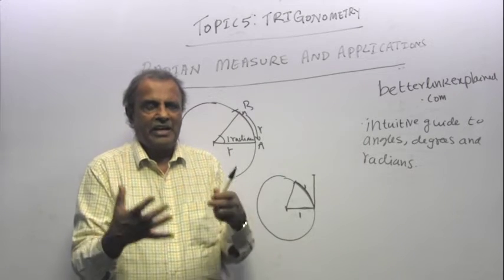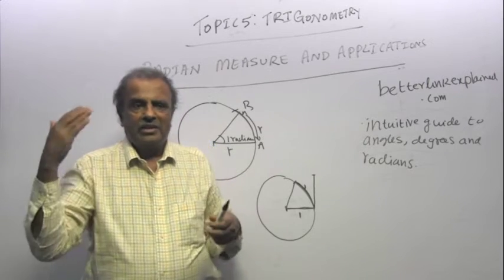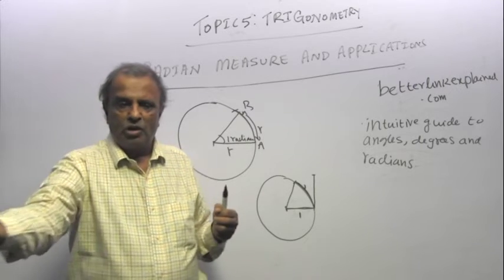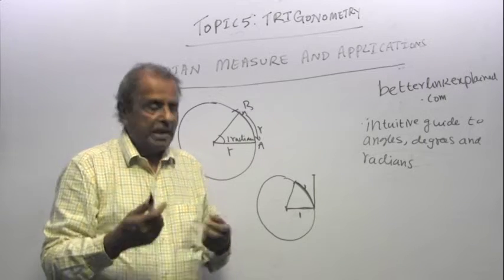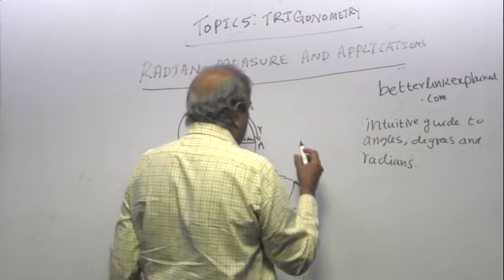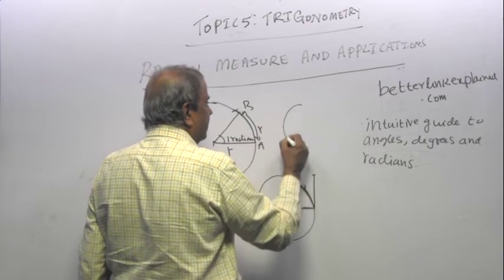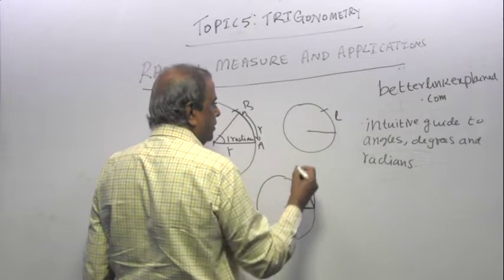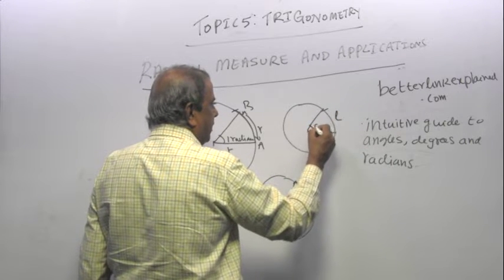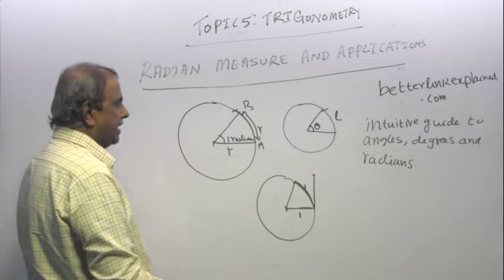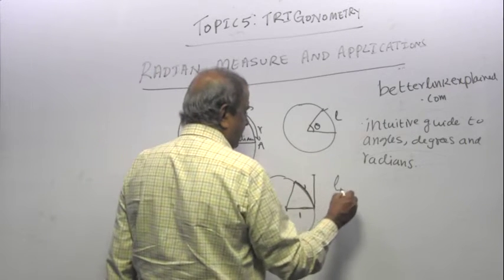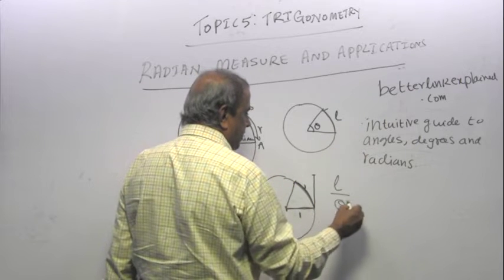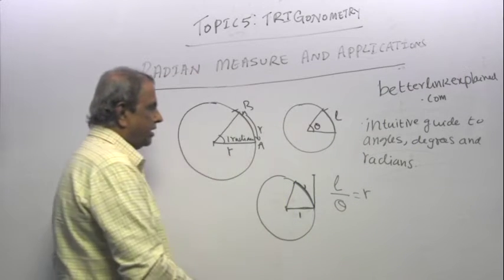Radian is looked upon as a measure of the distance moved along the circumference. Meaning, if I move through a distance L along the circumference, and because of that the angle at the center is theta, then the length of the distance moved along the circumference divided by the angle is the ratio r.